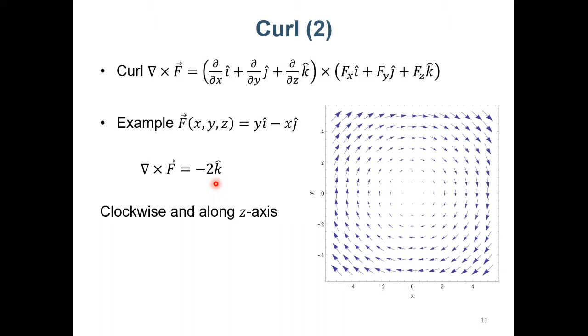Which means that over the space it is rotating clockwise. If it is counterclockwise, it is positive. And k means it is rotating like this, so it is pointing inside, following the right hand rule.